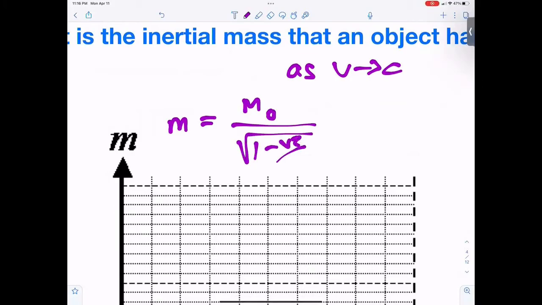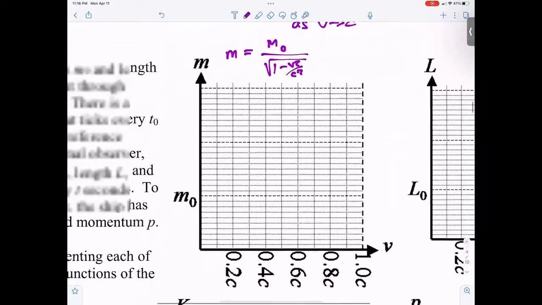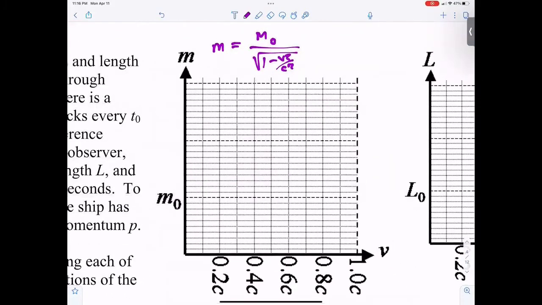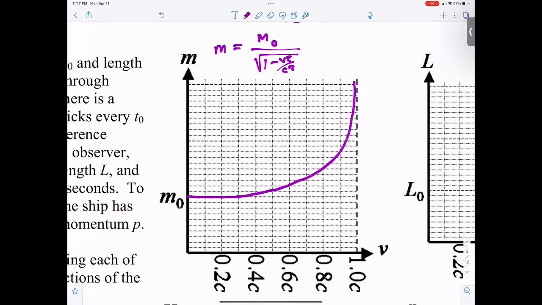We can represent that the following way. We start with m naught right here, and at about 0.30, 0.40, somewhere around here, it transitions from rest mass, because we're only at about 30% the speed of light. That's not too fast. As soon as we get around 50%, it starts to rise, and then at 80%, it rises steeply, and then it's infinite mass as it approaches c.